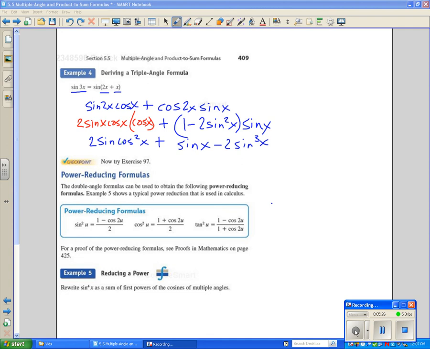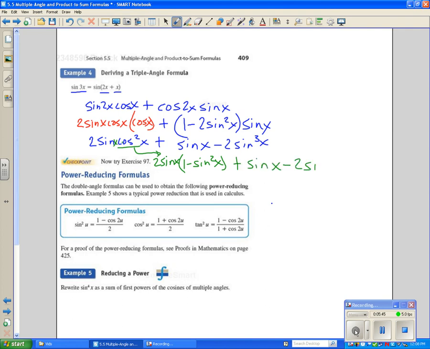Except I suppose we could change this cosine squared x into sine squared x by using the Pythagorean identity, noting that cosine squared x is equal to 1 minus sine squared x. But that's still being multiplied by 2 sine x. And we still have the plus sine x minus 2 sine cubed x.